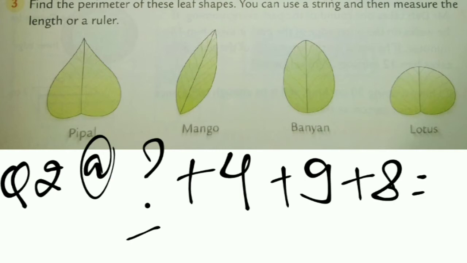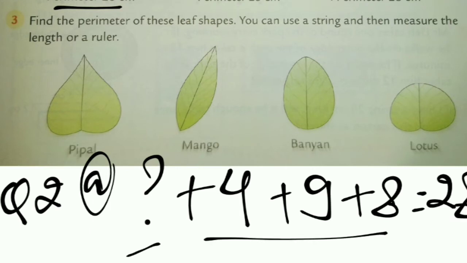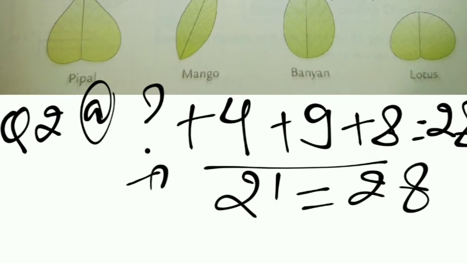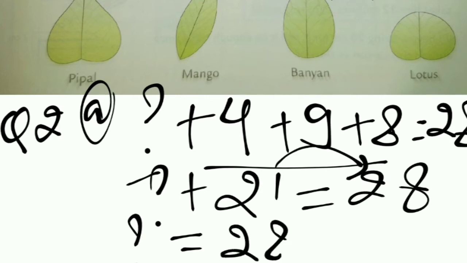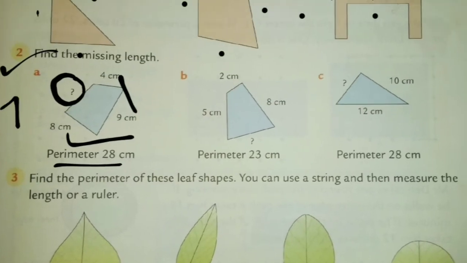What will come in the fourth one? Sum of all the sides. So, 4 plus 9 is 13. 13 plus 8 is 21. 21 is equal to 28, and the fourth one we have to find. So now what we can do, we write 28 minus 21, we get 7 centimeter. So like this we can do.